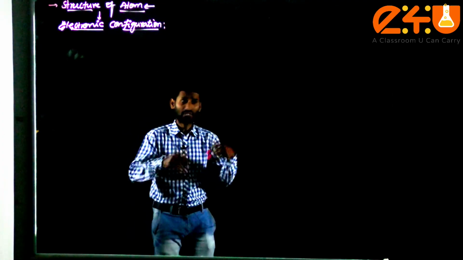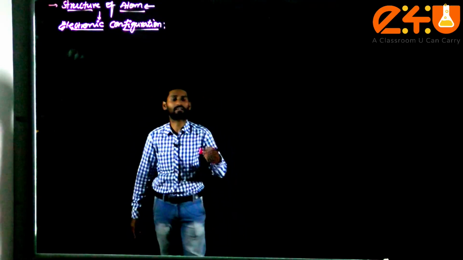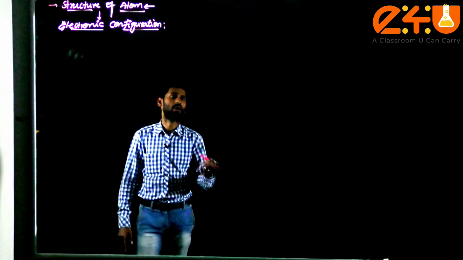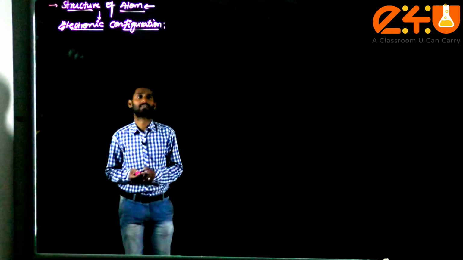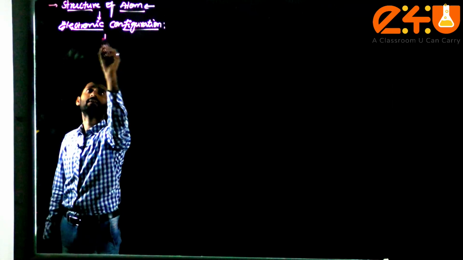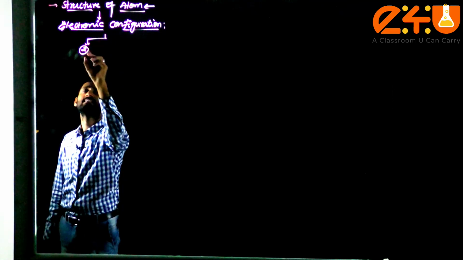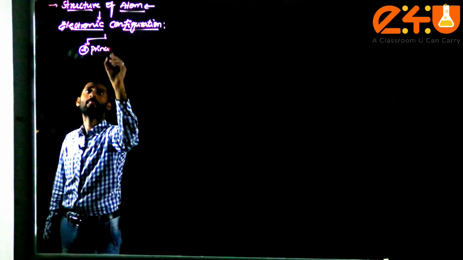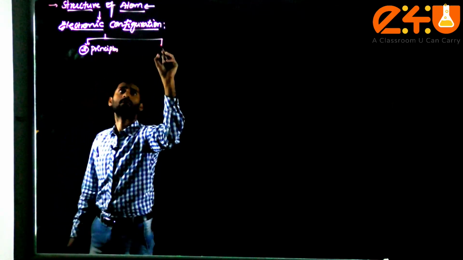Now sir, how do we fill the electrons in a particular orbit, subshell or orbital? There are two principles and one rule.